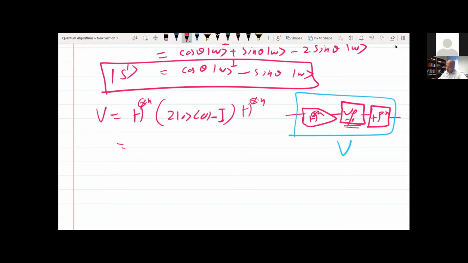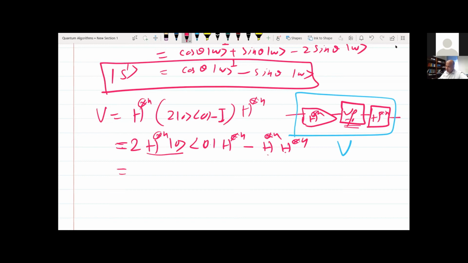So if this Hadamard goes in, this is Hadamard on 0, Hadamard on 0, and there is Hadamard. So this is Hadamard squared, and as Aisha was telling you, this is identity.